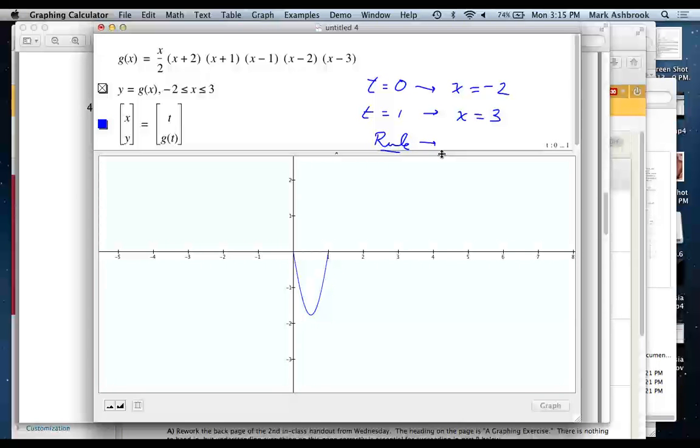Yeah, function. This is the idea of a function, right? So g of x is our function that we're graphing. But if we want t equals 0 to map to x equals -2 and t equals 1 to map to x equals 3, we're utilizing the idea of function.